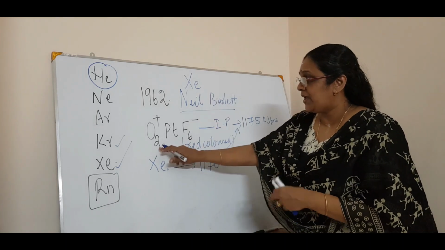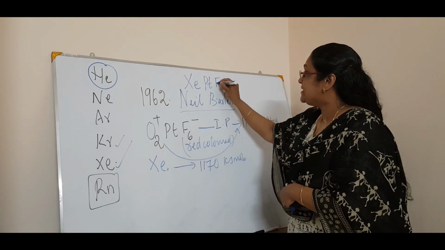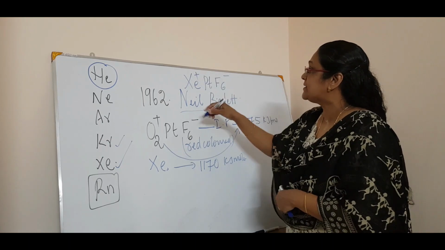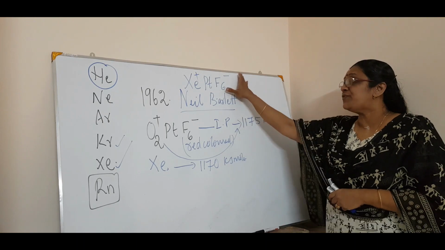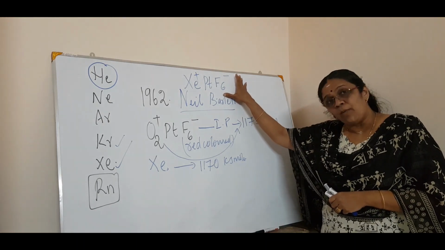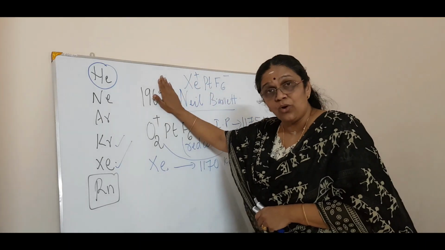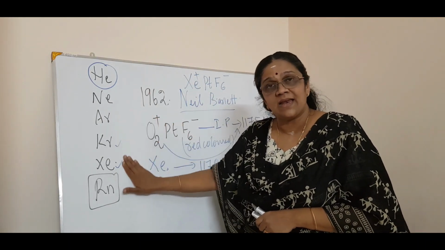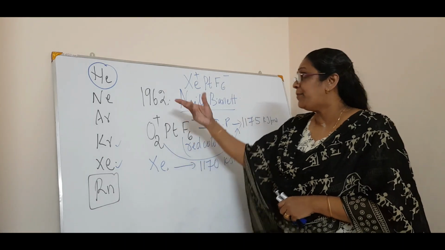Clear? So he made the same compound with xenon as Xe+ PtF6−. This was the first complex, or compound, prepared by Neil Bartlett in 1962 with a noble gas element, that is xenon. How did he prepare it?